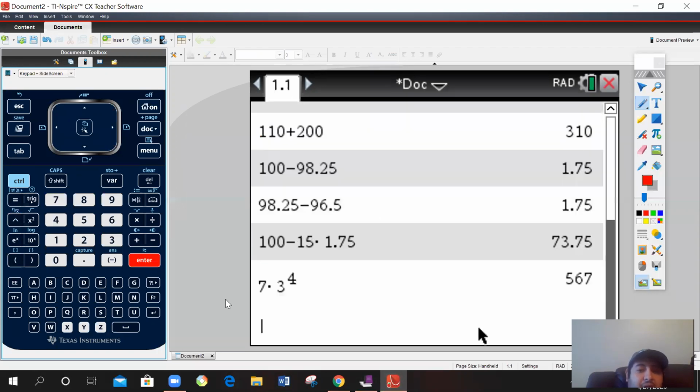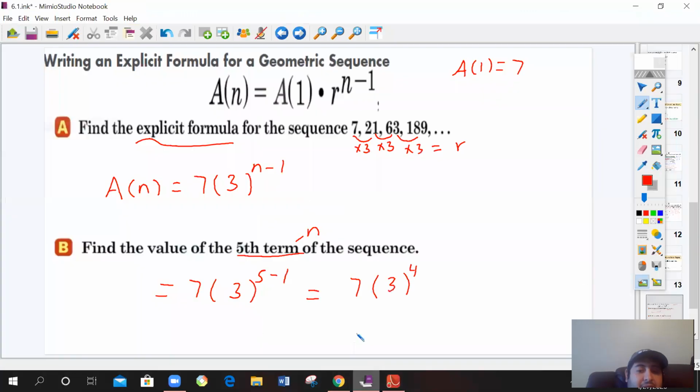We ended up with 567. That's pretty much it. You just have to practice this formula, and you should be okay.